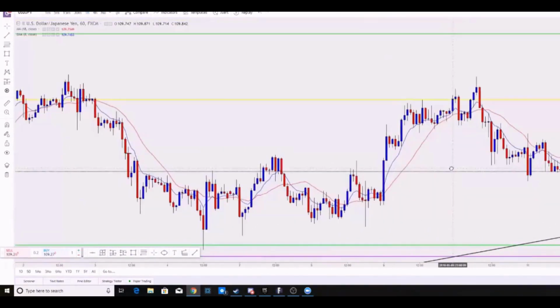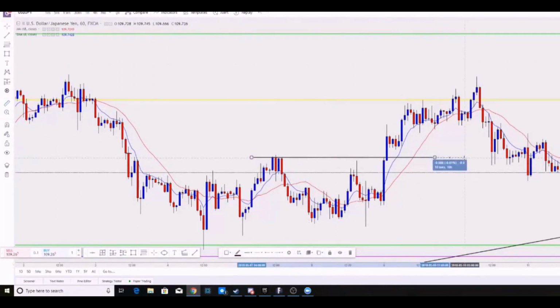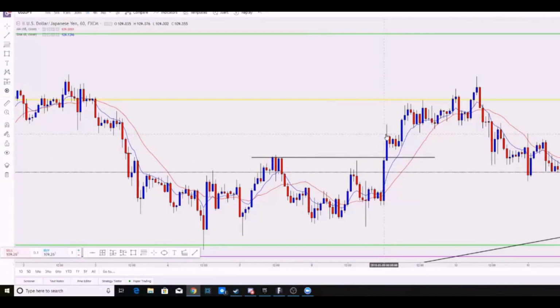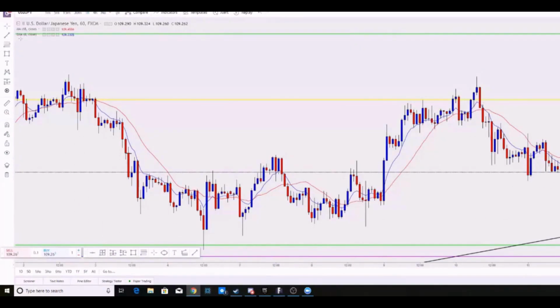Now, as you can see here there's an area of resistance. Boom, done. Just like that. Area of resistance, as you can see later on, this area of resistance was broken. This is broken. It's as simple as that. So here's another area of support.